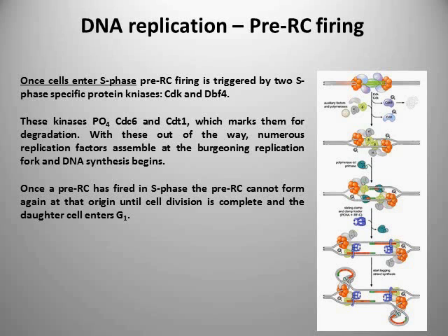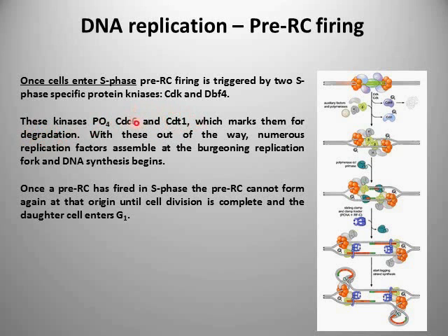Well, again, the regulatory proteins involved are protein kinases. In particular, CDK and DBF4. So these two protein kinases come along and in S phase they phosphorylate CDC6 and CDT1, which mark those two proteins for degradation by the proteasome.